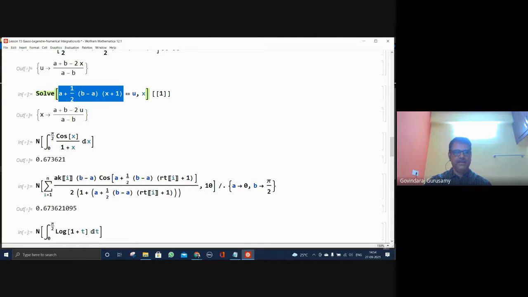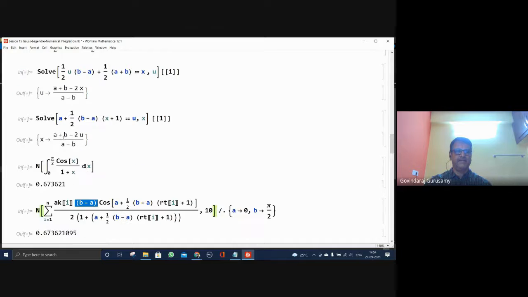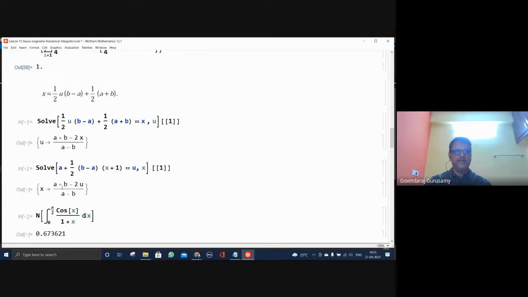And the factor (b minus a) by 2 is an additional term that comes because of this transformation. You carry out that transformation, then substitute a equal to 0, b equal to pi by 2. This integral is converted to -1 to +1. When you have -1 to +1, the so-called weights ai and the roots xi can be substituted correspondingly. That has been shown here for clarity.